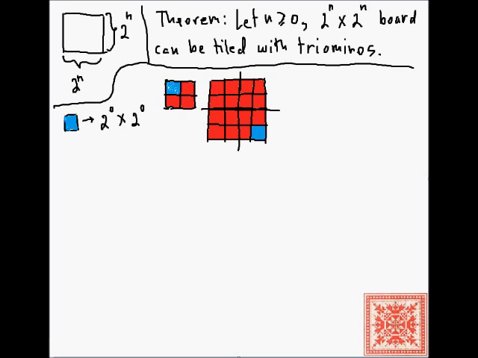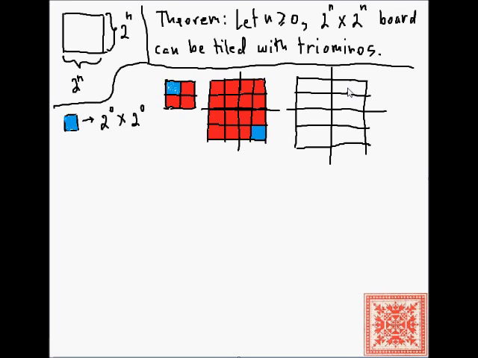So we can tile the 4 by 4 subboards recursively with a missing tile. Here is another example: say this tile is missing in this subboard, so we place our center tile and then tile each of the subboards recursively.